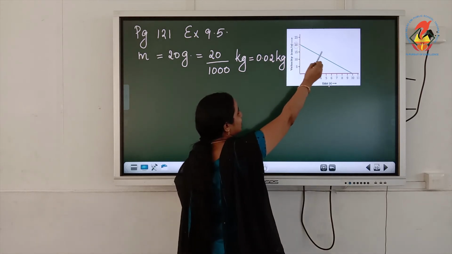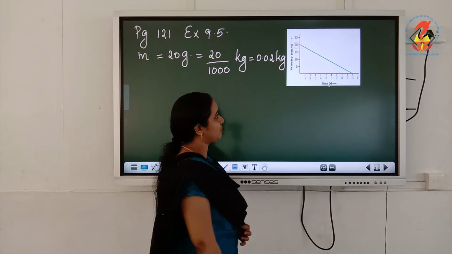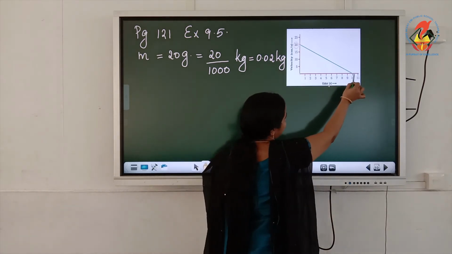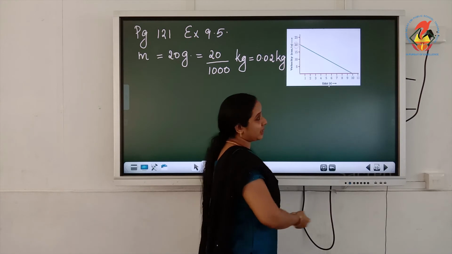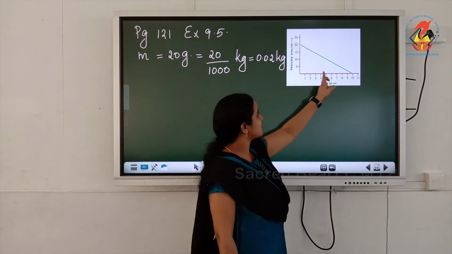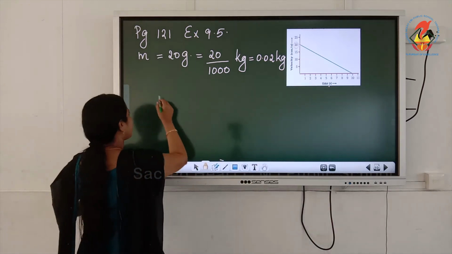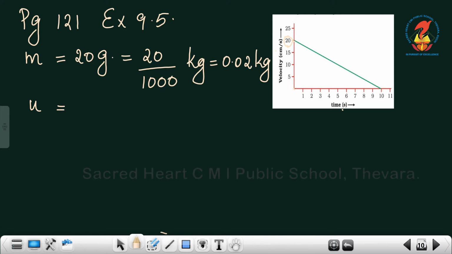This is the initial velocity. After 10 seconds, the ball came to rest and its velocity became 0. So, from the graph, initial velocity u is given as 20 centimeter per second.